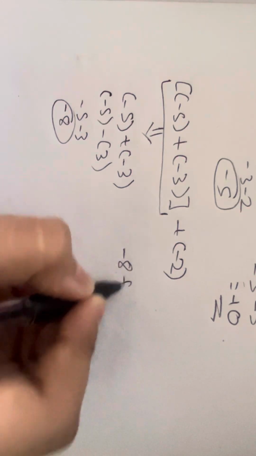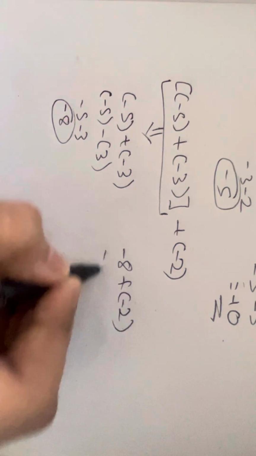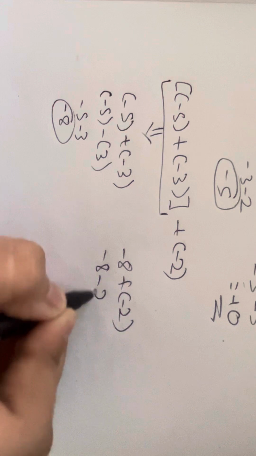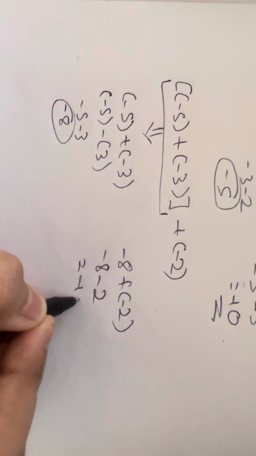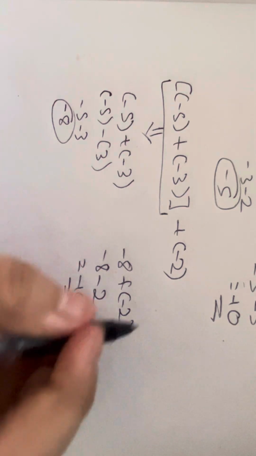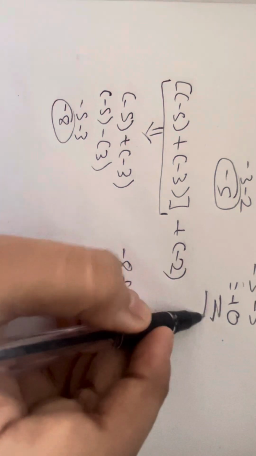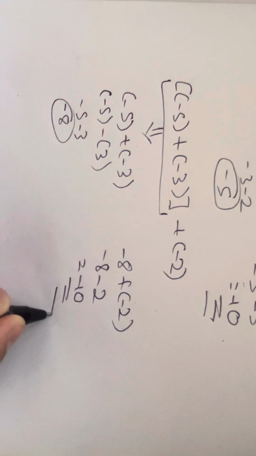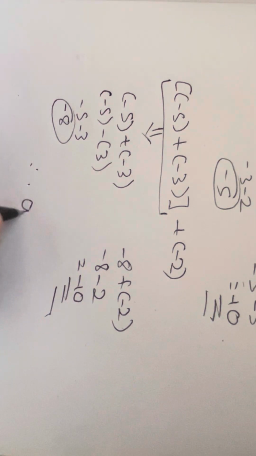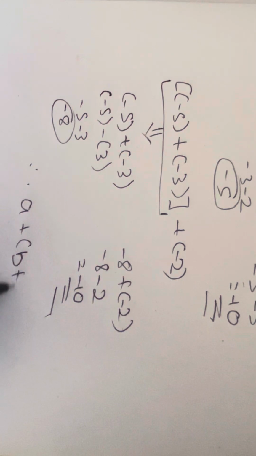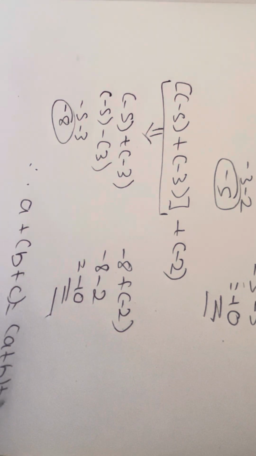So minus 8 plus minus 2, so here the answer is again minus 10. So the answer minus 10 and the answer minus 10 are the same. Therefore, the associative property states that a plus b plus c is equal to a plus b plus c, regardless of grouping.